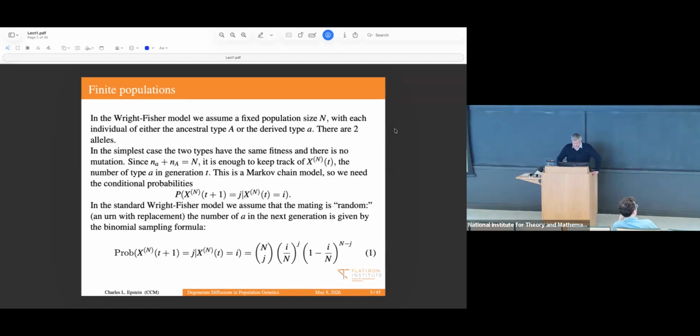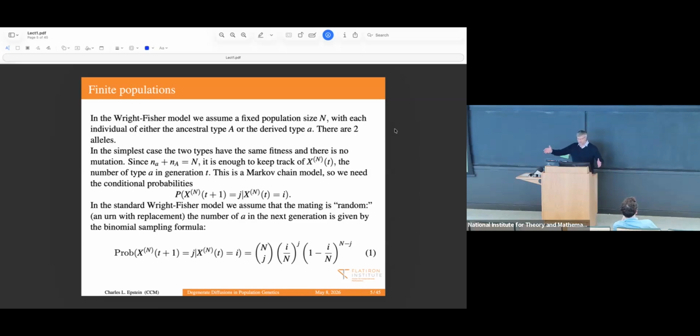The standard Wright-Fisher model is the assumption that mating is random. There are no sexes in this model, so this is all just illustrative language that doesn't have any real biological meaning. But how do you go from the generation at time t to the generation at time t plus 1? You just select them out of an urn. This is what's meant by random mating.